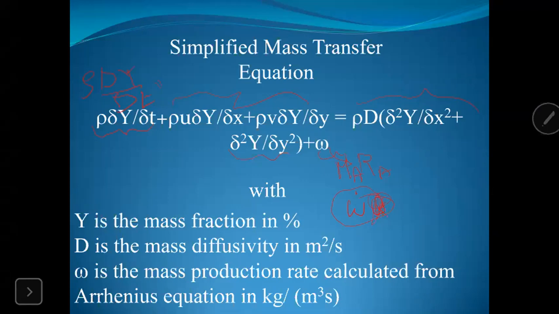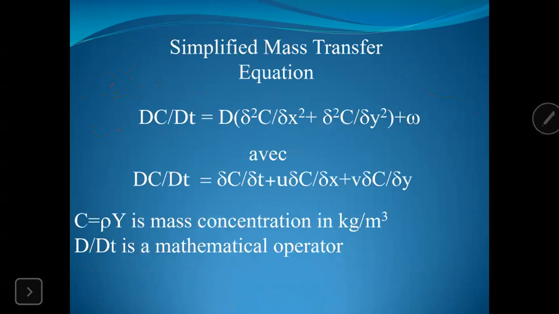If we have 1 component, a homogeneous medium, then this equation is eliminated. This equation is used to find the concentration C, where C equals rho Y, in kilogram per meter cube, the mass concentration.